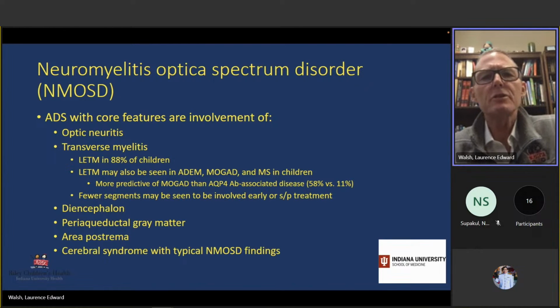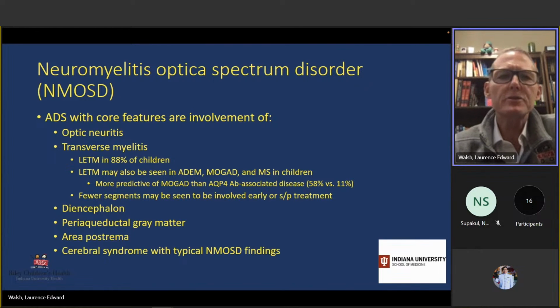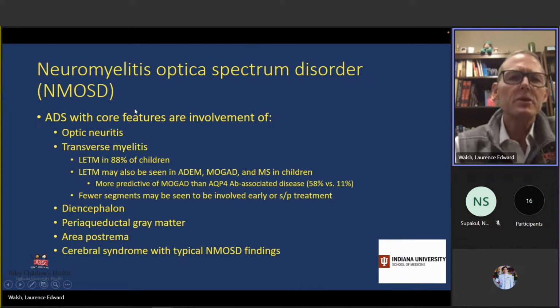Let's move on to neuromyelitis optica spectrum disorder. So we're getting into the more likely recurrent disorders now. So ADS with core features. So optic neuritis, transverse myelitis are obviously in the name, basically. And Dr. Wu went through this pretty well.